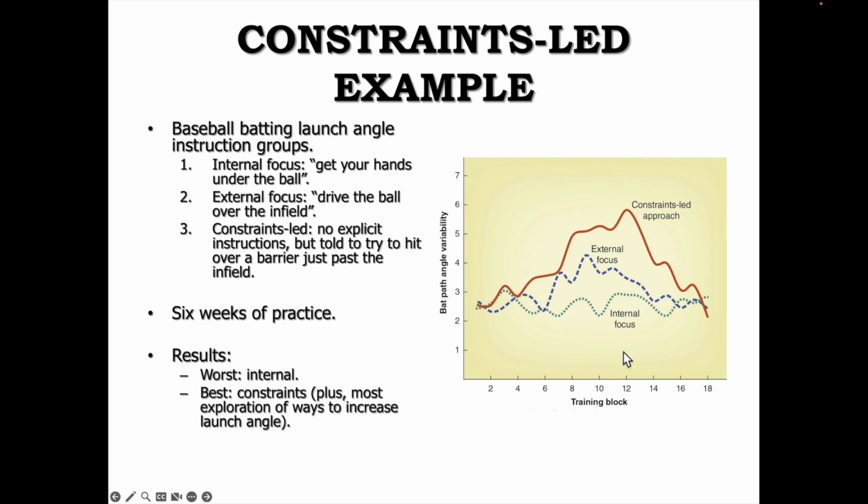Not only that, but especially in the middle training block, where there was greater variability in angles, the batters even got better at hitting at different angles with more practice. So not only did they perform better at the very end, but they had more practice at different bat angles, which might help them if they hit pitches that came in at different parts of the strike zone.